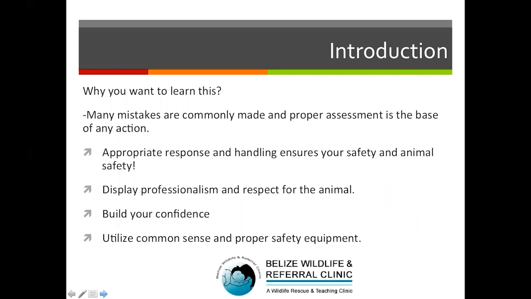So why do you want to learn this? There are a lot of mistakes that are often made and can actually make things worse or take a very high risk for yourself as well. So the first step is always the proper assessment. You do want to make sure you and your charges stay safe. Of course, it's good to build your confidence to then ultimately use proper equipment and common sense in the process, hopefully.